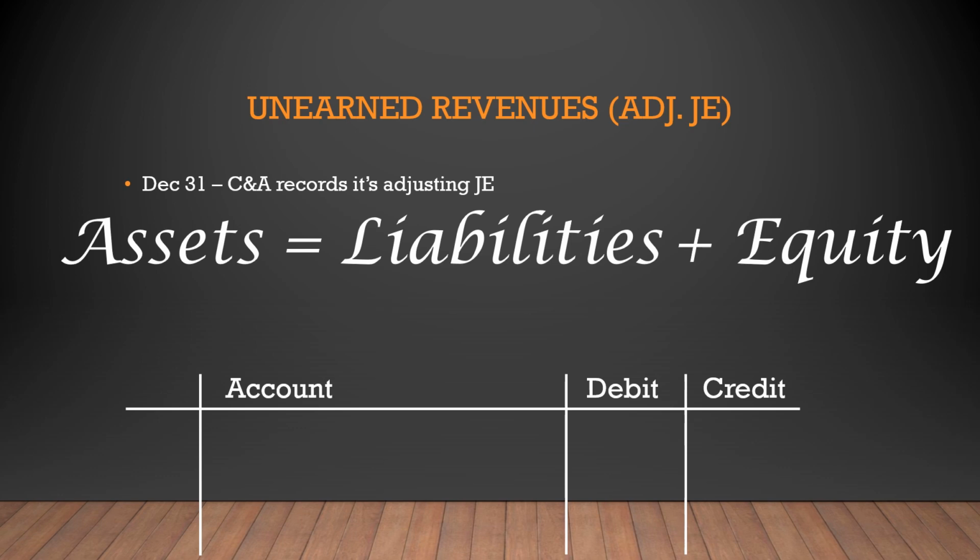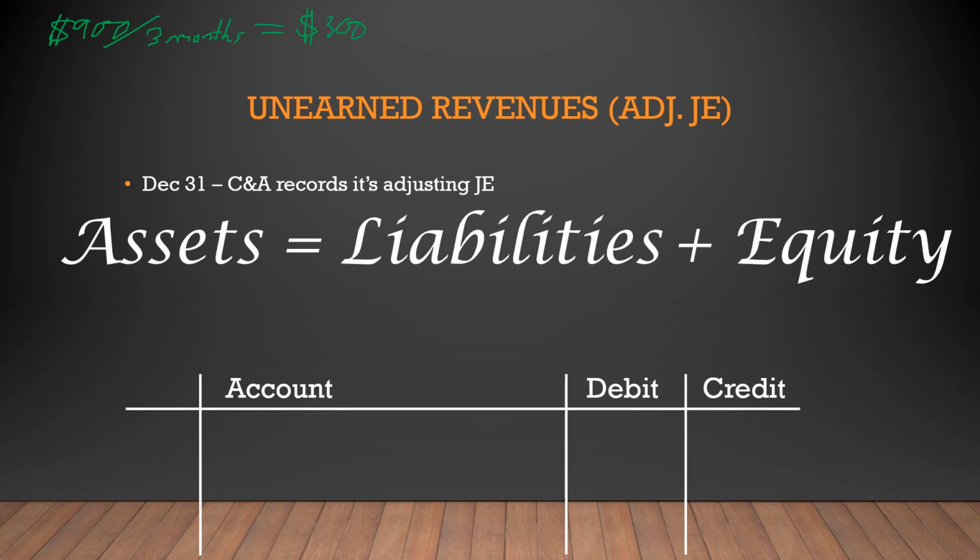At year end, CNA records its adjustment for the portion of that advance payment it earned. If that $900 covers 3 months of service, that means that CNA will earn $300 of that advance payment every month. What's our adjusting entry?